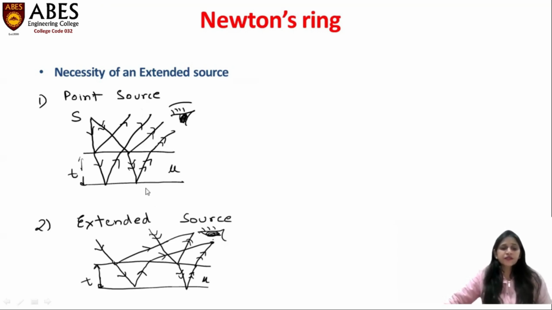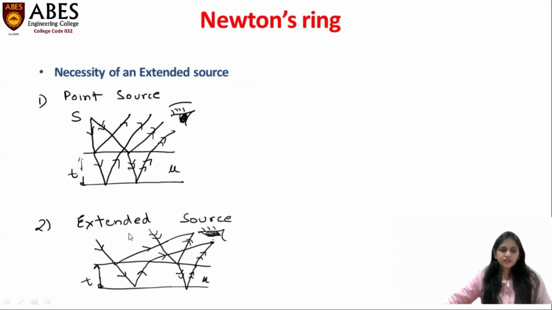To see the whole film, the eye would have to be moved from one point to the other if we use a point source. But with an extended source, this situation can be avoided.